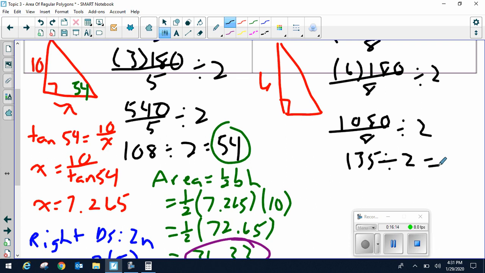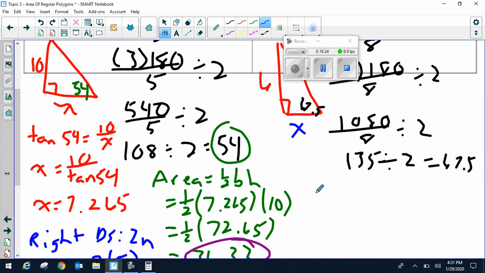You get 67.5. And that goes right here. Okay? And again, you need the base, so we're going to use the tangent function. The tangent of 67.5 equals 6 over x. So x is equal to 6 divided by the tangent of 67.5.